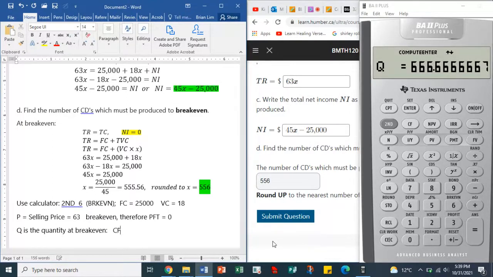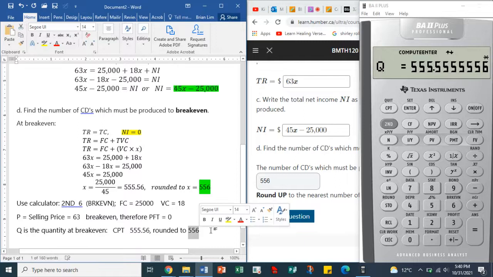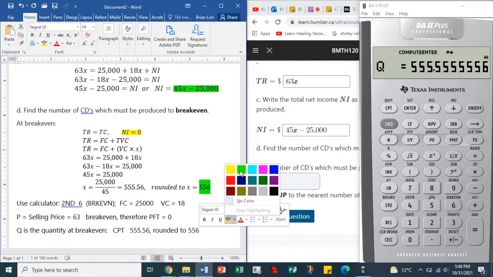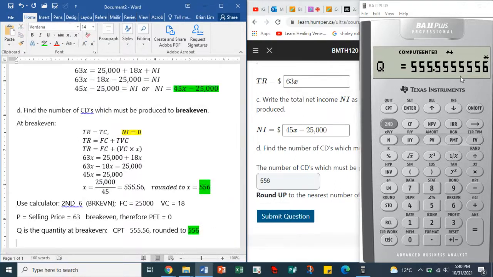Well, we go CPT, and that will give us the answer, 555.56 if we round it, correct? Yes, so you see we got the same answer, rounded to 556. And we did it a lot easier. We didn't have to worry about making any errors.